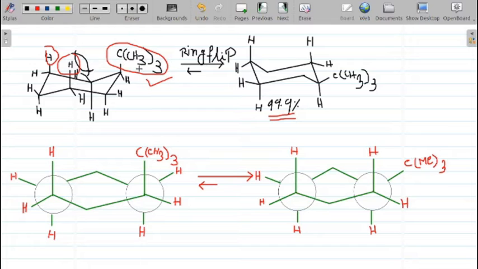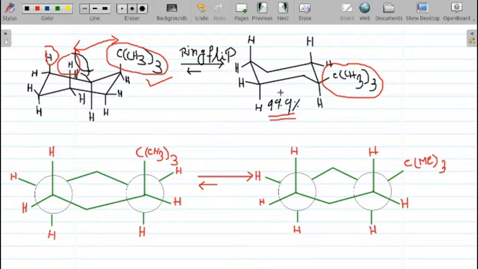So this conformation becomes very unstable compared to this conformation where the tert butyl group is present at the equatorial position.